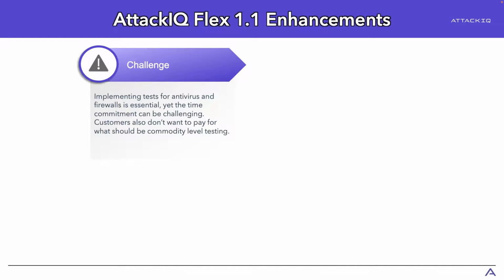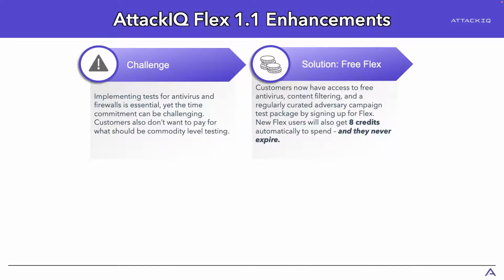AttackIQ Flex has a currency concept called Flex credits, which customers use to view the results of their executed packages. In Flex 1.1, we're now offering free Flex, and this includes perpetual access to AV endpoint and content filter testing, along with a rotating, regularly curated adversary campaign that Flex users can run for free.